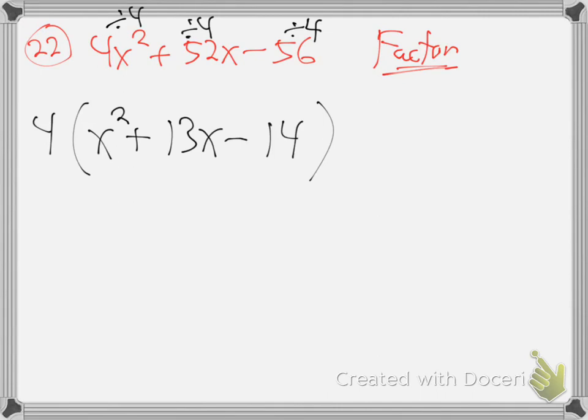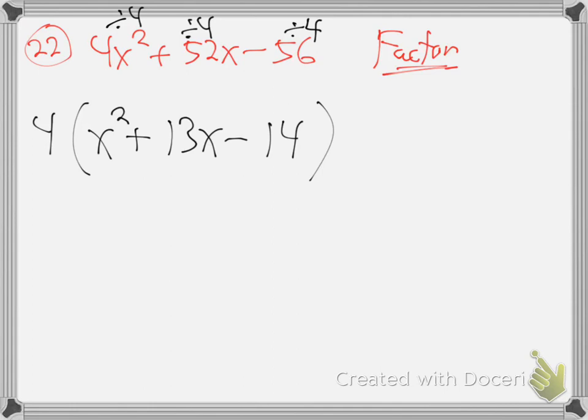Good so far? Oh, that was good. And now what do we do with the 3 terms? Bow tie them. Can you bow tie the 3 down and leave the 4 in the front there? And now bow tie what's left. It's minus 14 over 13.